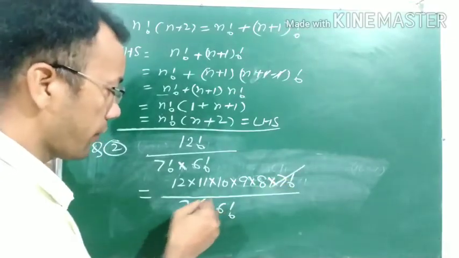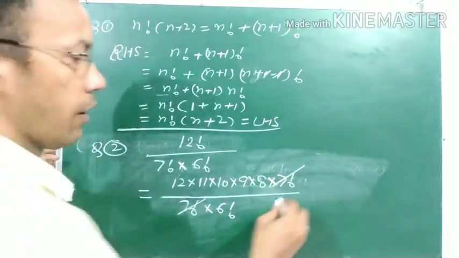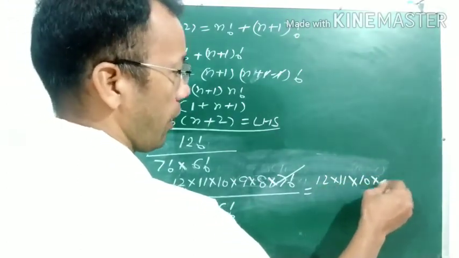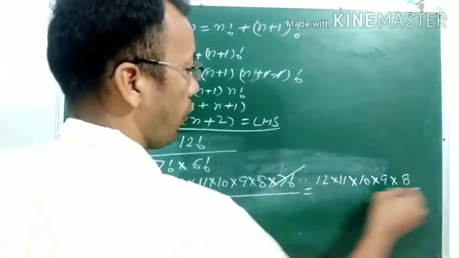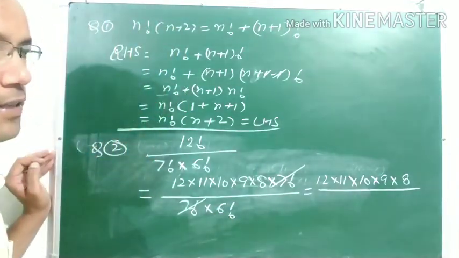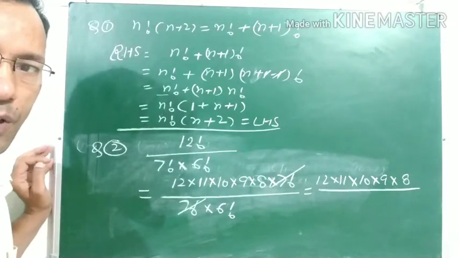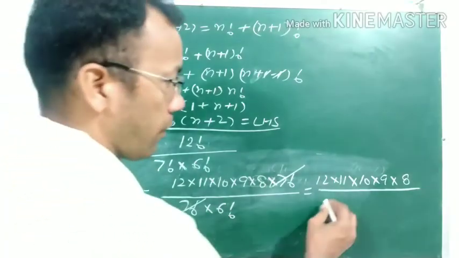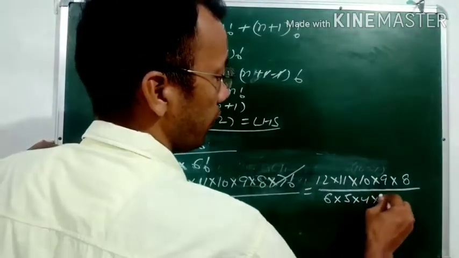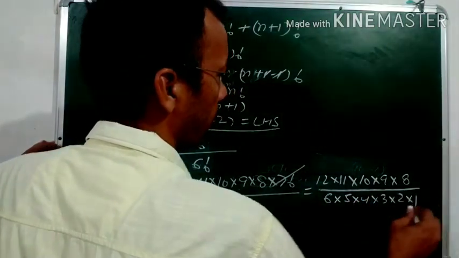So 7 factorial cancels out. This is equal to 12 into 11 into 10 into 9 into 8 whole divided by 6 factorial, and now we cannot cancel it by a factorial; it has to be other numbers. So 6 factorial means 6 into 5 into 4 into 3 into 2 into 1.